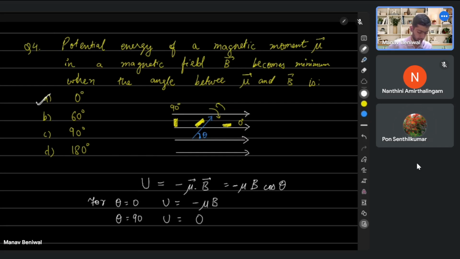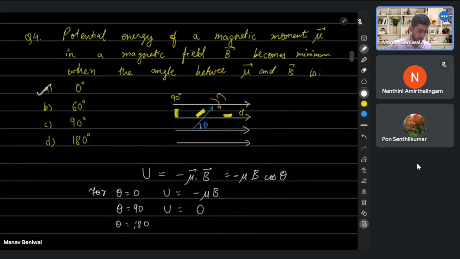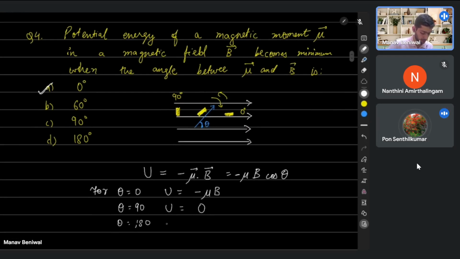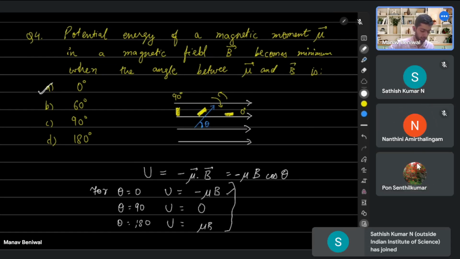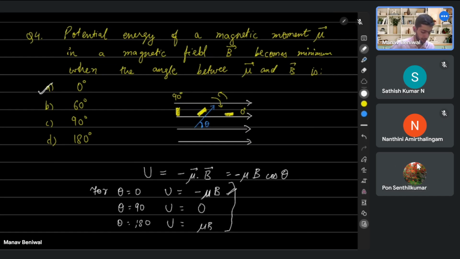And when theta is 180, cos theta will be minus 1, so this will become plus mu B. Now which is minimum out of all these three? This is minimum, because this is negative. Mu and B are the magnitudes, so they are positive numbers. Because of the minus sign, the potential energy is minimum when theta is 0. Therefore the answer is option A. Clear? Yes, clear, sir.